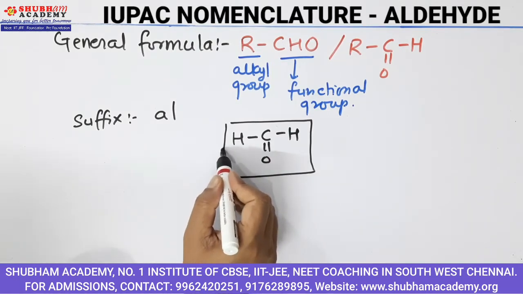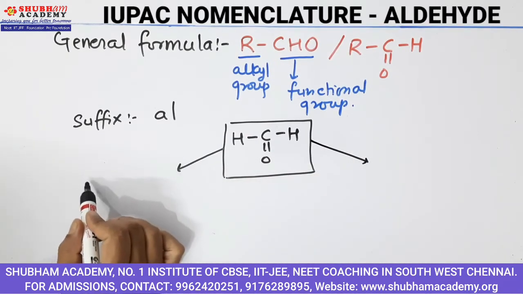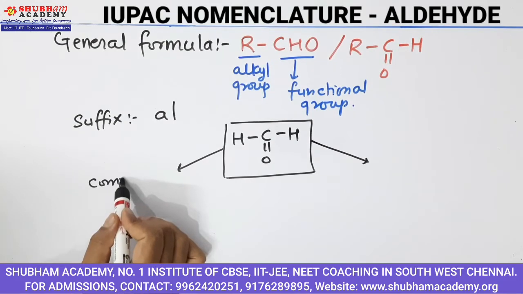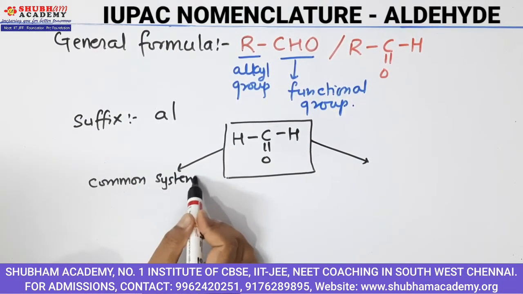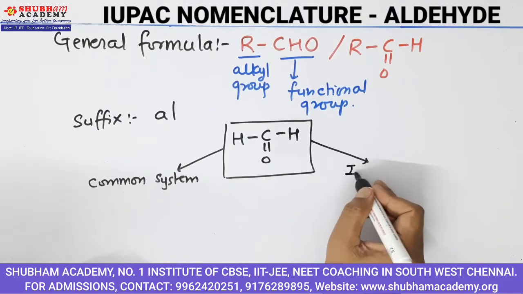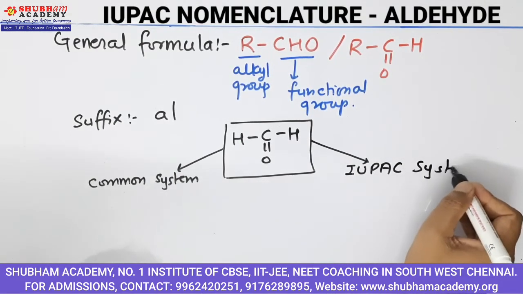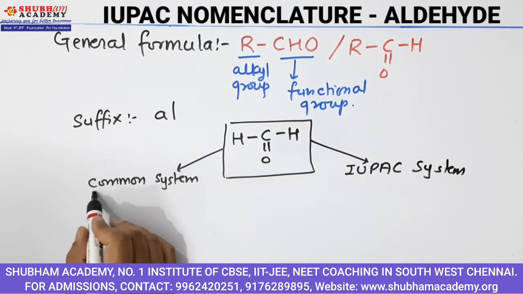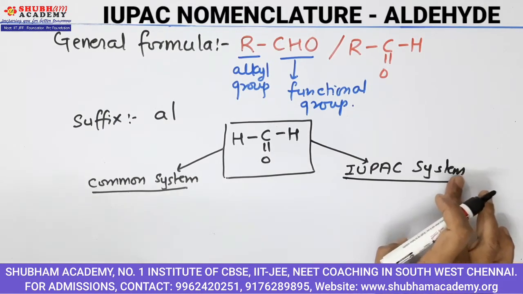Again there are two systems of naming. One is the common system, and the other one is the IUPAC system. So what is the common system and what is the IUPAC system?